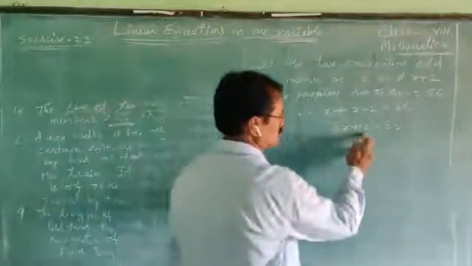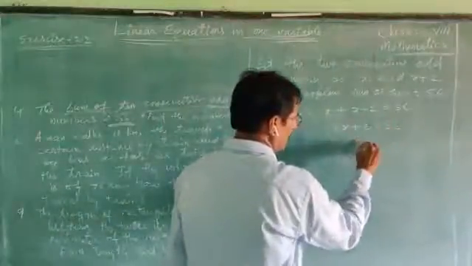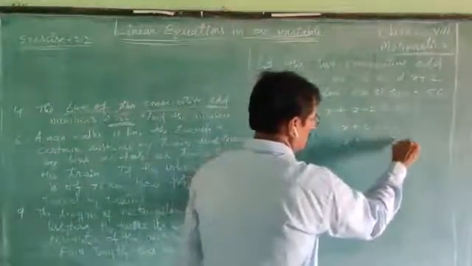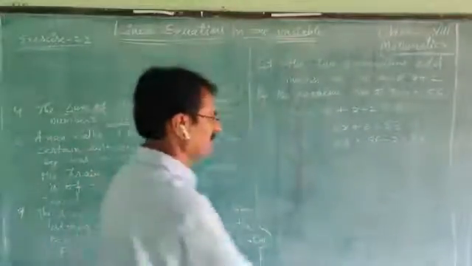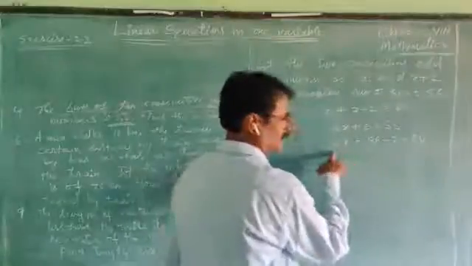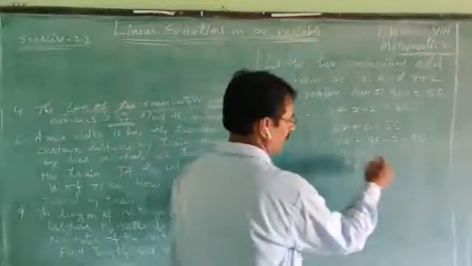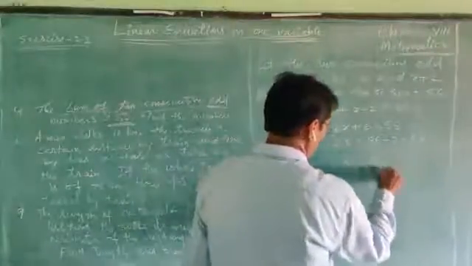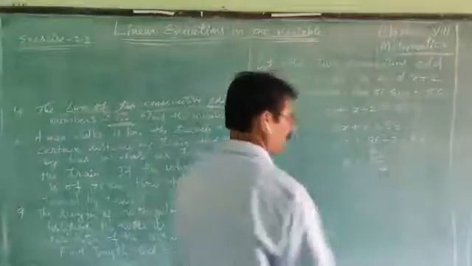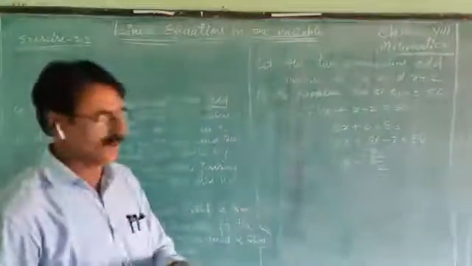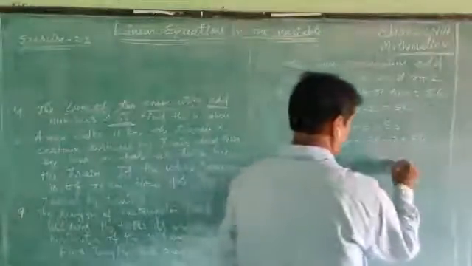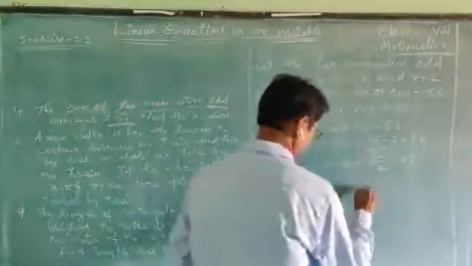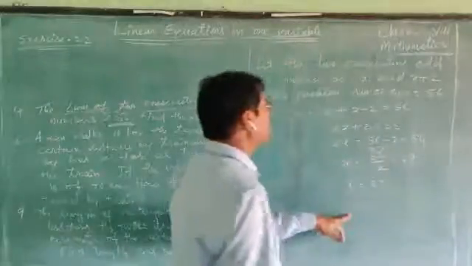First, send this to the side, remaining 2x equal to 56 minus 2 equal to 54. Send this to the side, it becomes division. 54 by 2: 2 2s are 4, remaining 1, and 2 7s are 14, 27. x equal to 27.